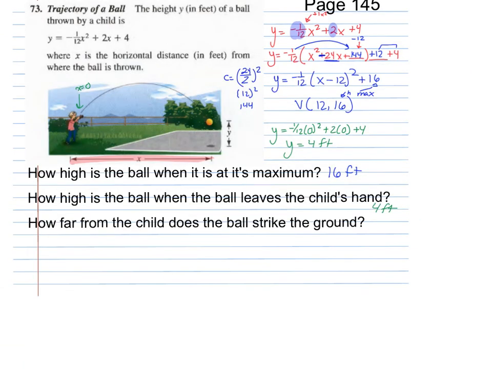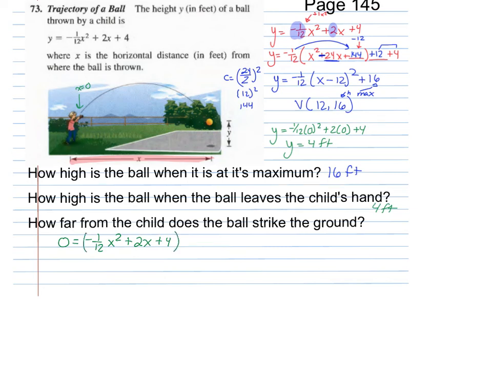What we're going to do is make our y 0. So we're going to have negative 1/12 x squared plus 2x plus 4. I want to get rid of the fraction in the front, so it's easier numbers to work with.